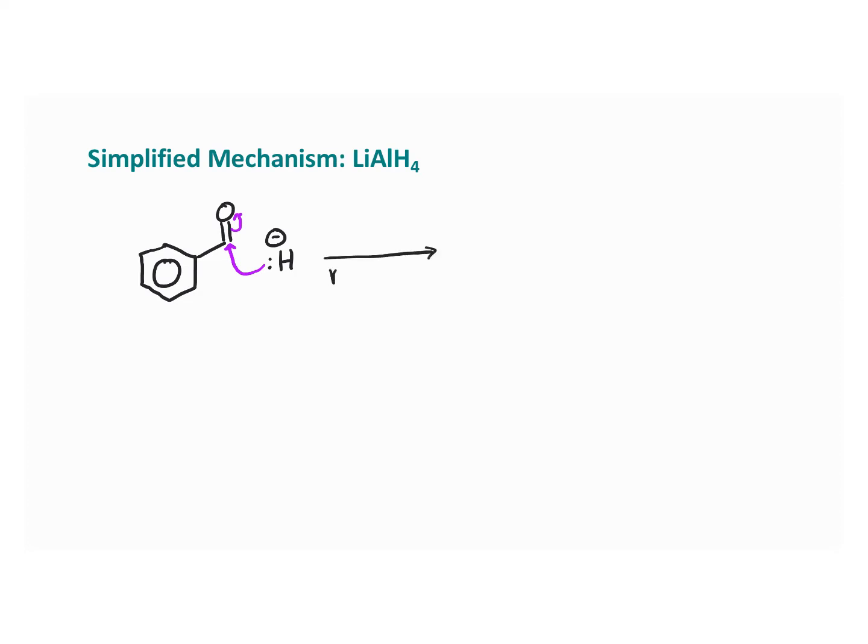It goes through its normal nucleophilic addition. Oh, no, I got excited and did not write that correctly, so hold on. Where the hydride has added there, it's again going to go through a proton transfer.